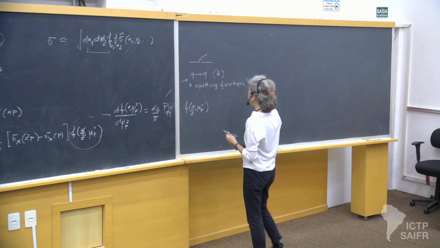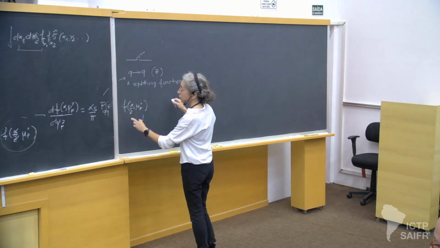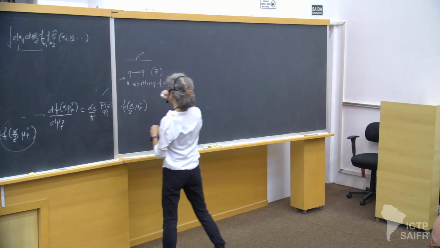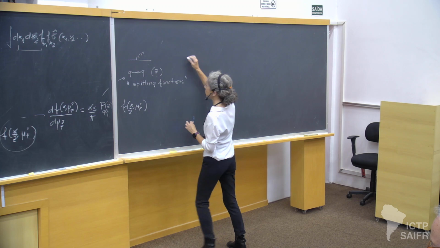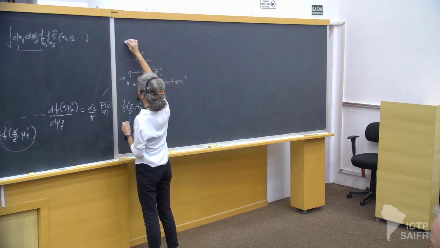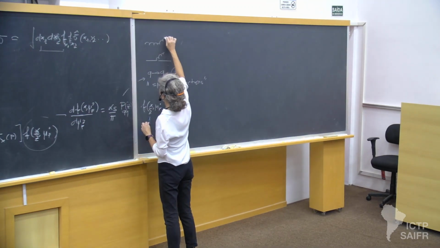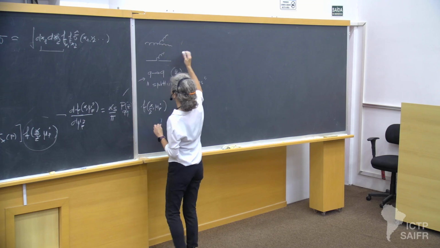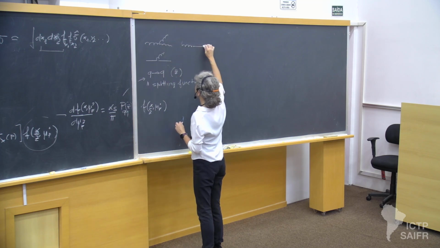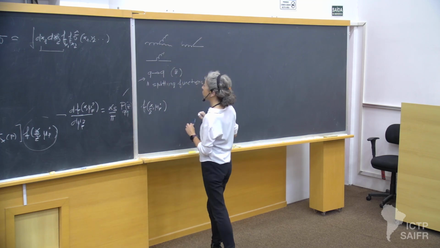In the very same way, you can calculate splitting functions for other transitions. So you can calculate a splitting function for the transition of a gluon going into a gluon with the emission of a gluon, or a gluon going into a quark with the emission of another quark.